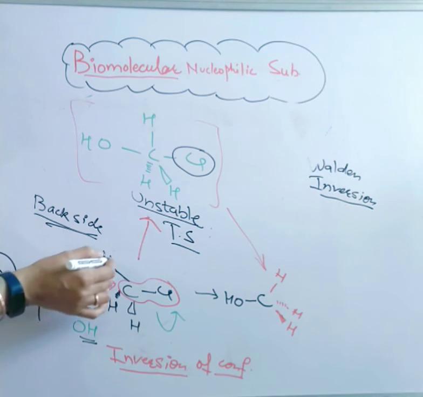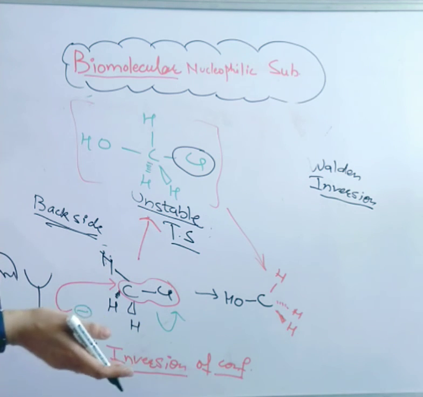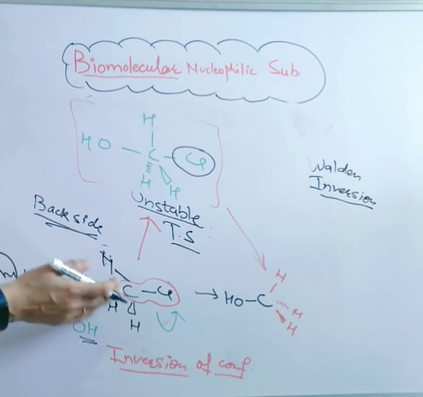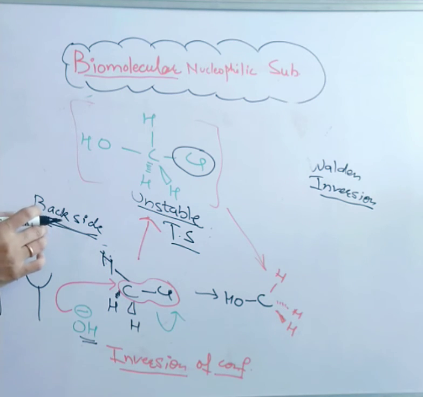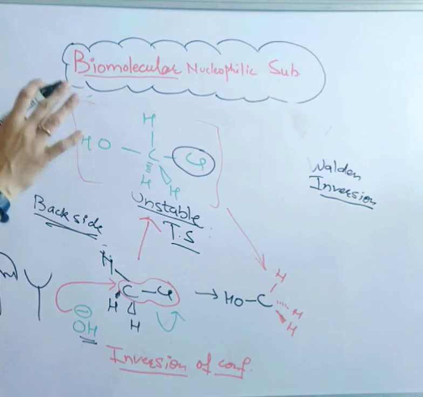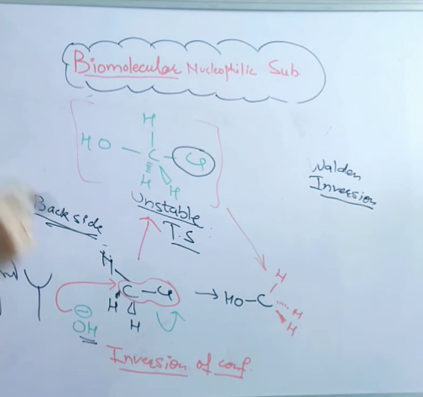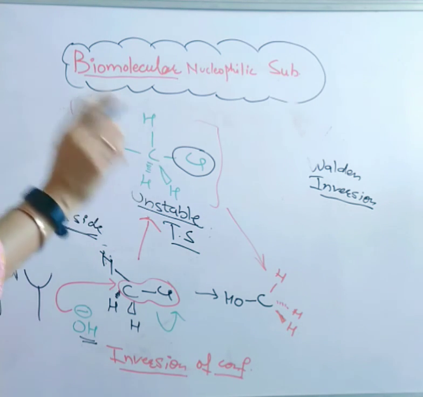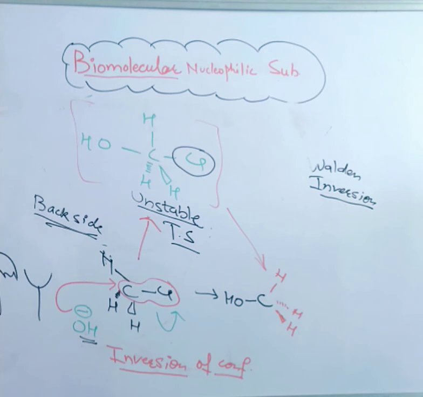OH negative is a lighter element, so its attack can be possible from the back side, and this results in formation of methanol, and this is known as bimolecular nucleophilic substitution reaction, and this is also known as Walden inversion. Inversion of configuration is taking place in this bimolecular nucleophilic substitution reaction.